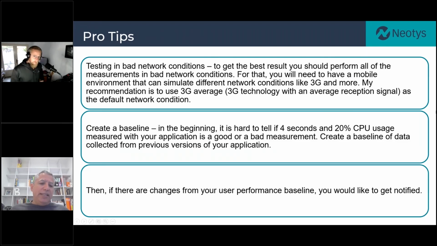A few tips. The first one, when we talk about client user experience, is something you should do when you run your functional testing using anything like Appium or whatever. Don't do it in best Wi-Fi conditions. Use network virtualization to simulate bad network conditions, and do it in 3G average or 3G bad, because the difference between 3G and Wi-Fi in your application is huge.